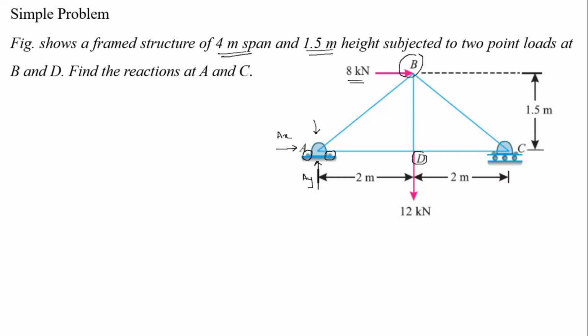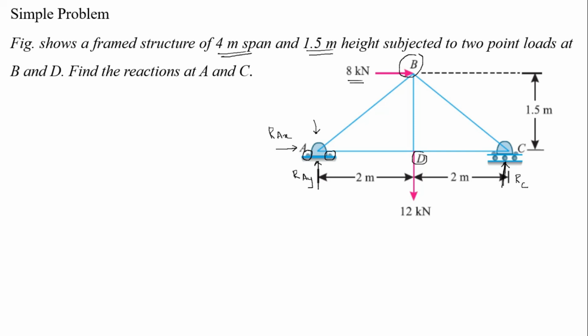The roller support has only one reaction, which is vertical, perpendicular to the base, right. So this is R C, this is R A y, this is R A x, the horizontal and vertical reaction forces, and this is R C, right.